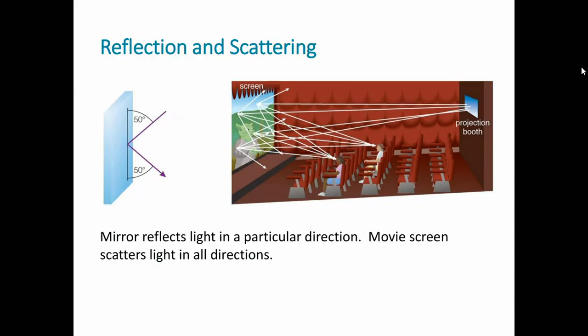Those photons are scattering off of the screen, and so everyone at the different seats in the theater can see the same image on the screen. If everything was perfectly reflected, then not everyone in the theater would be seeing the same picture on the screen. So different applications will call for different types of reflection or scattering.